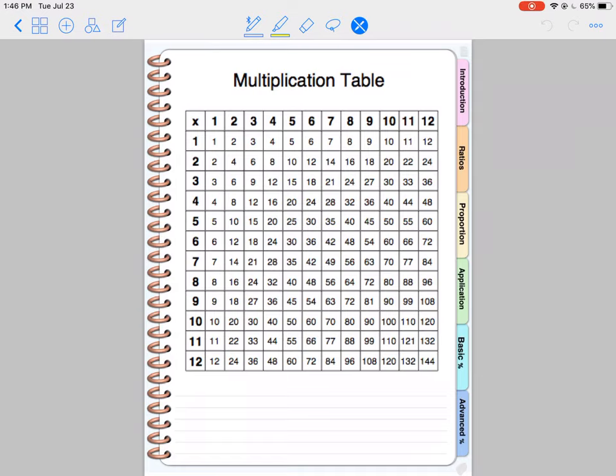I went online, I found one of these, a free image, and I just downloaded it so that I can show you how you can use this to see equivalent ratios. So this is going to make, hopefully, a lot of sense after what you've seen with equivalent ratios.